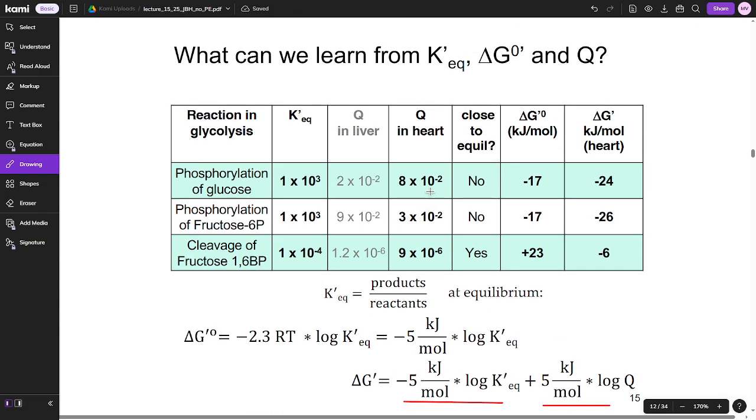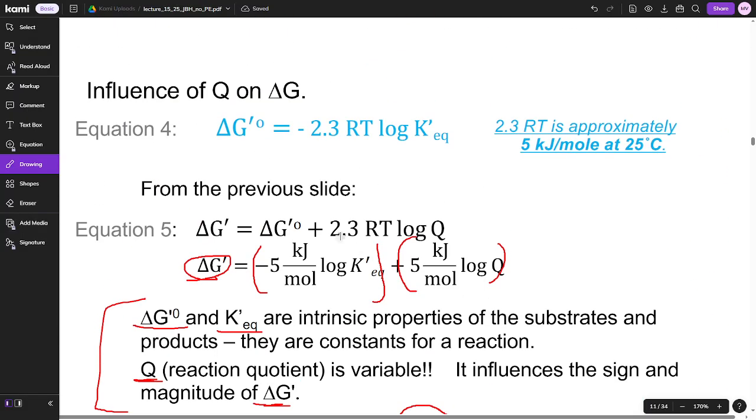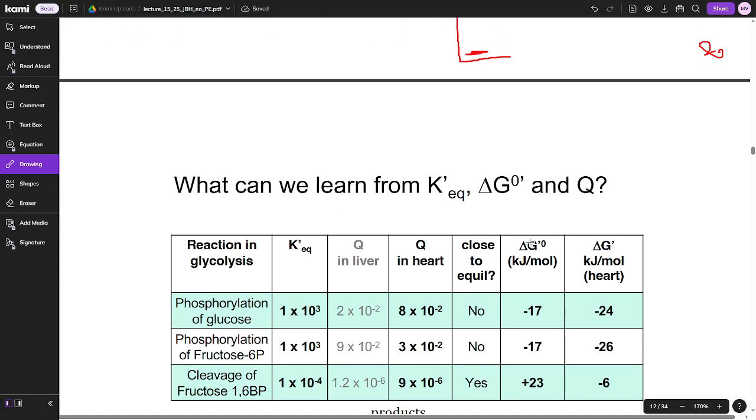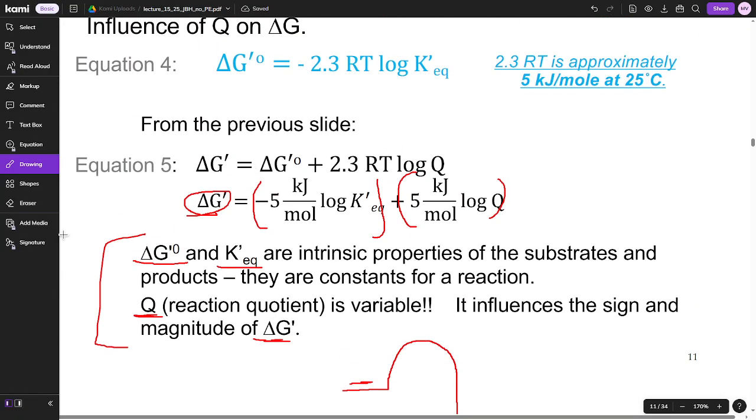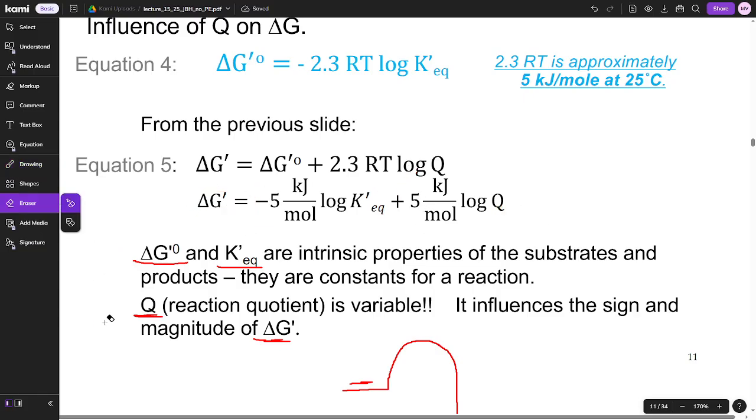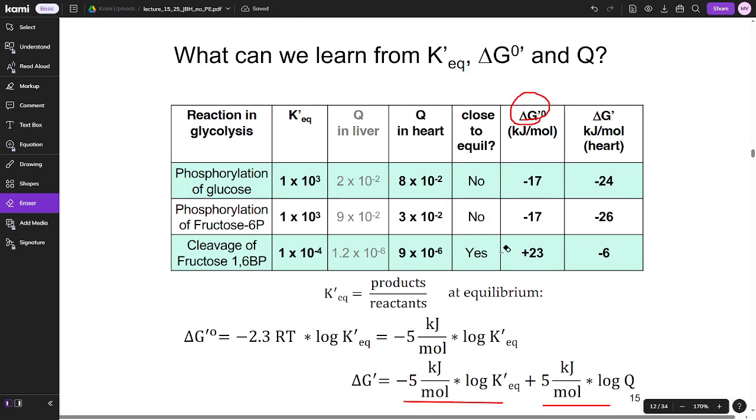So if we look here, remember this delta G naught prime is, here, let me move these. Actually, you know what, let's go ahead and screenshot this, copy it, and move it down here so I can show you guys what I'm thinking.